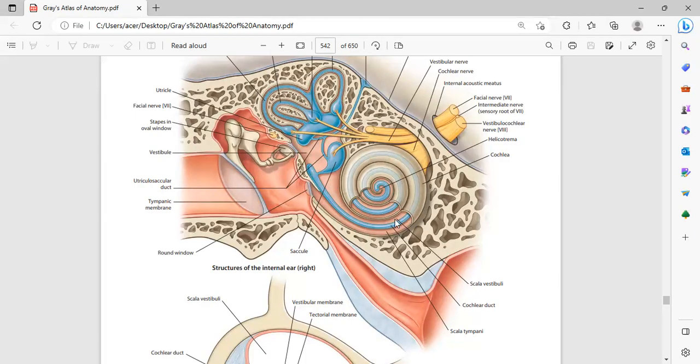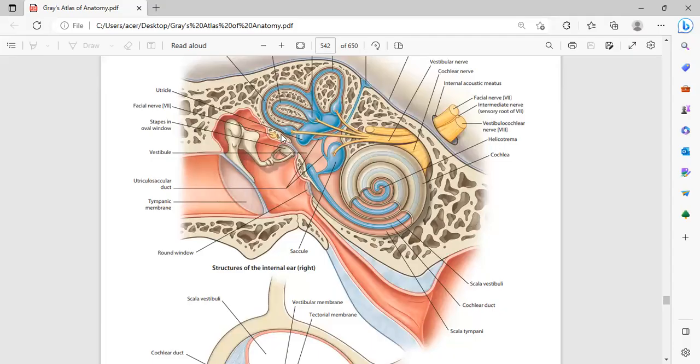Inside the membranous labyrinth, you have endolymph. So in the osseous labyrinth, you have perilymph. In the membranous labyrinth, you have endolymph. This osseous labyrinth will communicate with the middle ear through the round window and through the oval window.